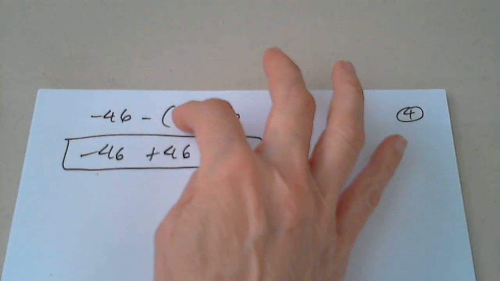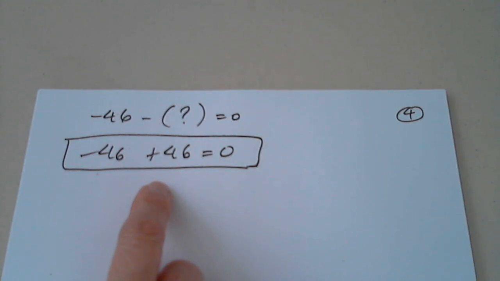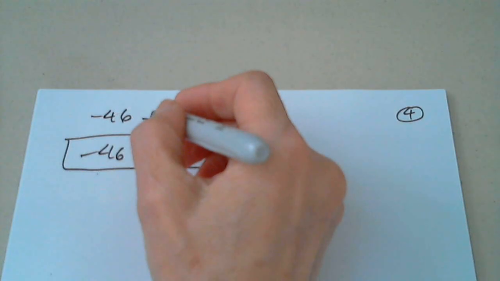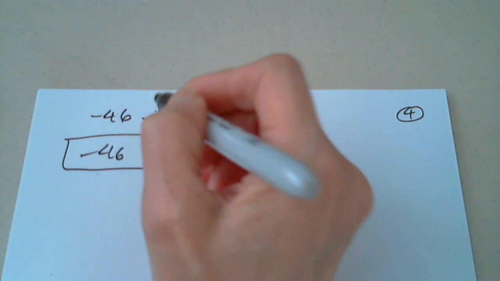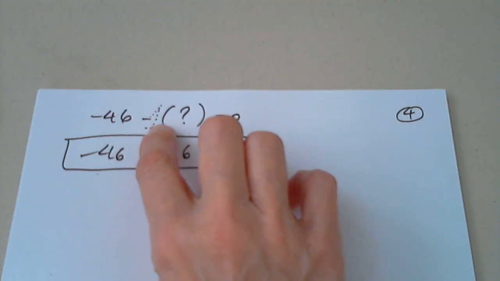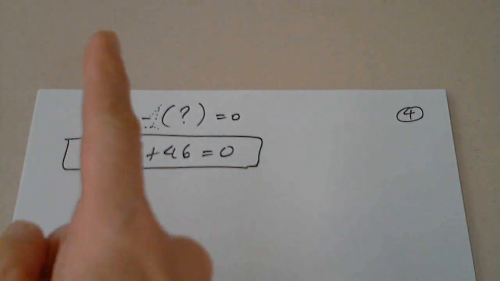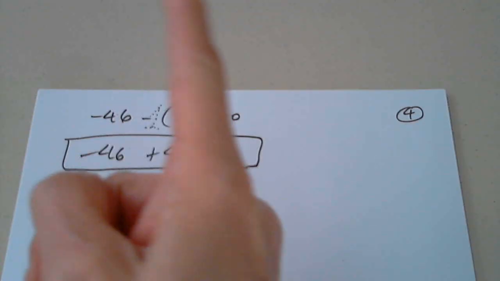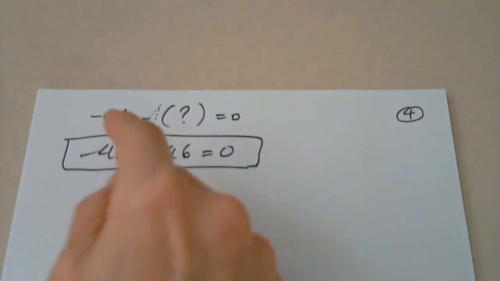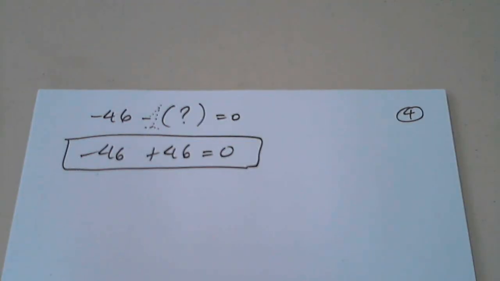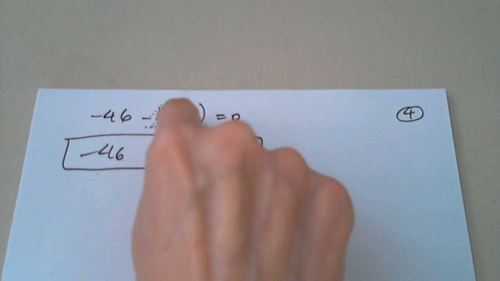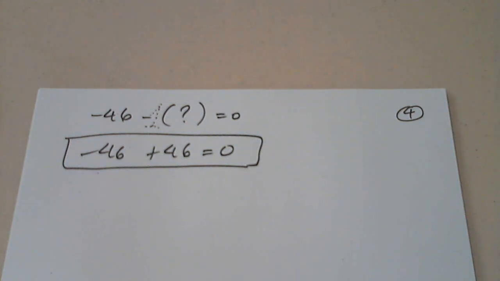But how do I get +46 in here, knowing that I cannot change this? There is an invisible -1 in front. If you don't want to think in terms of the invisible -1, you will say the opposite of this number. So that's another way. The opposite of this number, or you say there is an invisible -1, so -1 times this has to be -46.